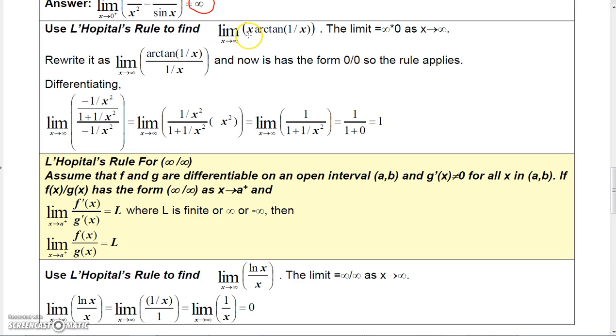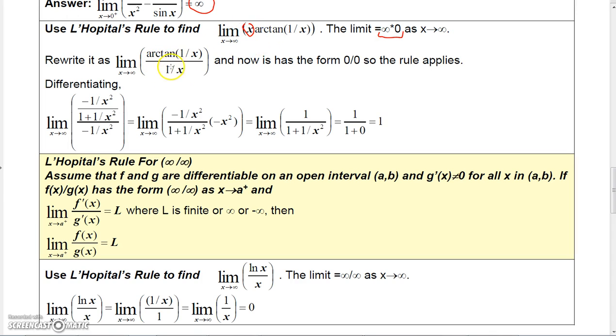Okay, here's the limit of x times the arctan of 1 over x as x goes to infinity. Well, that's going to be infinity times 0, which is also an indeterminate form. But there's a little trick we can do to get that into the proper form 0 over 0. Basically what I can do here is take this x and put it in the denominator as 1 over x.